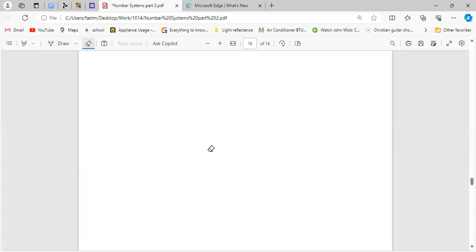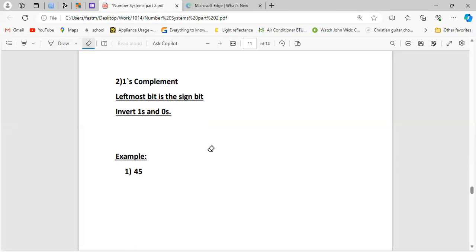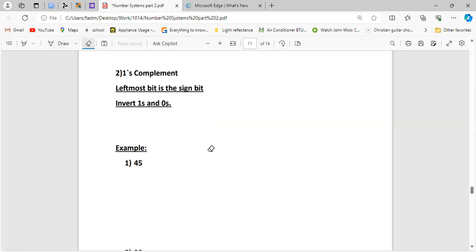The second to last one, something called ones complement, is the easiest thing you'll ever do in your life. All this is, you're just inverting the ones and the zeros. It still has a sign, all these are signed numbers.